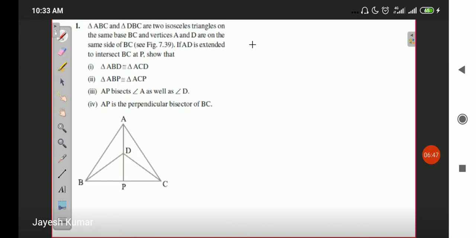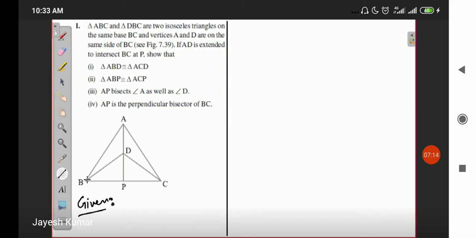So we'll start with question number 1. Okay, question number 1, as you can see, there is a diagram, and let's see what is given to us in question number 1. In question number 1, it is given that ABC and DBC are two isosceles triangles on the same base BC.